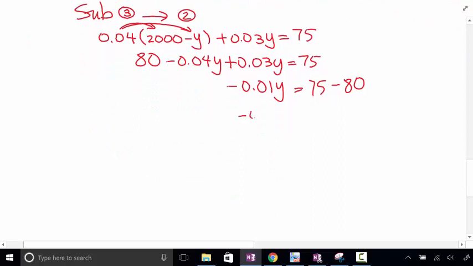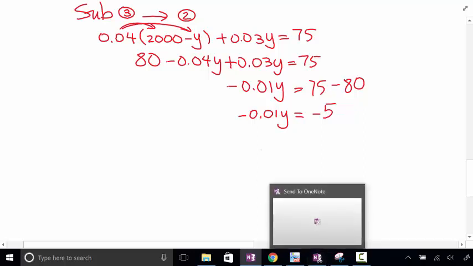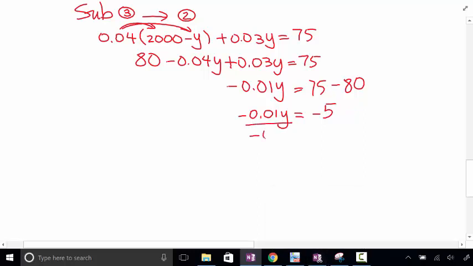Negative 0.01y is equal to negative what? Negative 5. Okay, and then all I have to do is divide both sides by negative 0.01. And so y is equal to 500. Okay, and so this is, I'm going to call number 4.